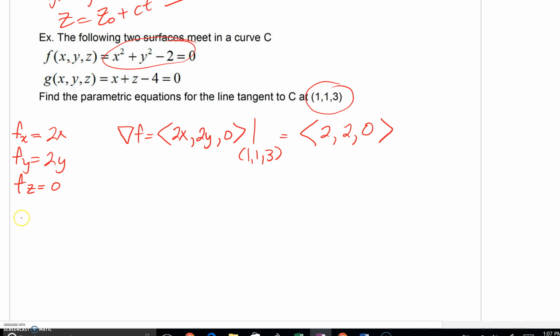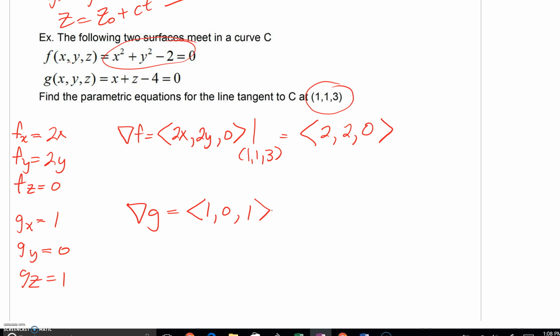Okay? Then I'm going to do the same thing with g. We'll say g sub x. I guess that's 1. How about g sub y? 0. And how about g sub z? That's 1. This is kind of nice because regardless of what you're trying to plug in here for those points, the point 1, 1, 3, letting x equal 1, y equal 1, and z equal 3, it's not even going to affect these vector components.